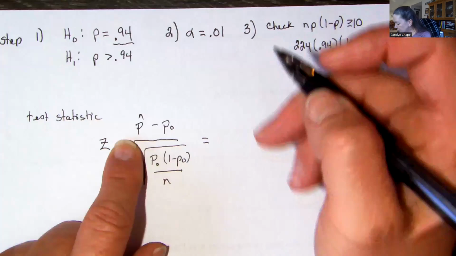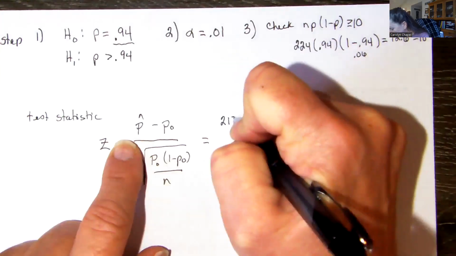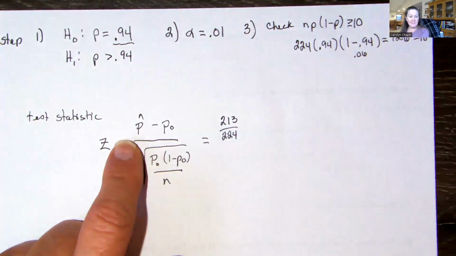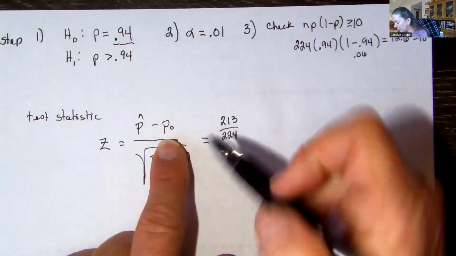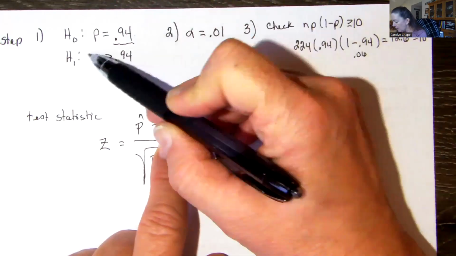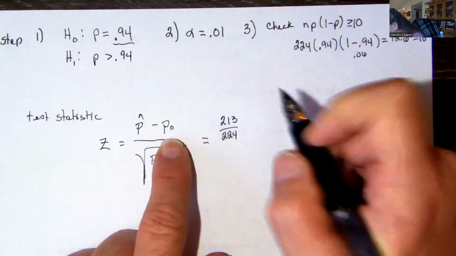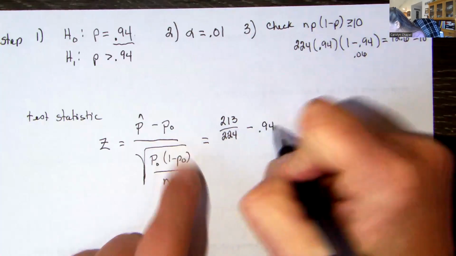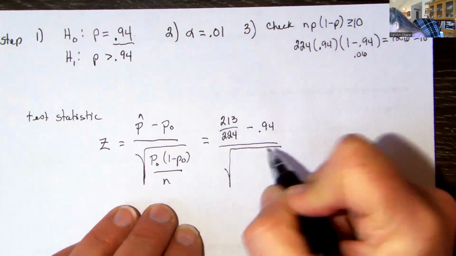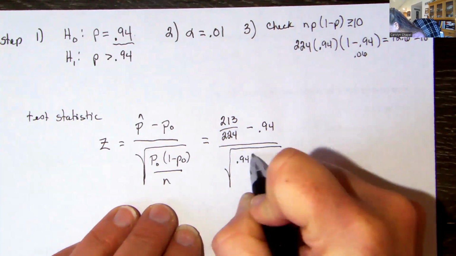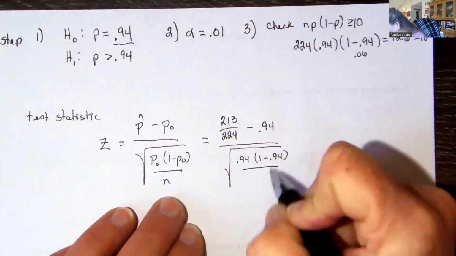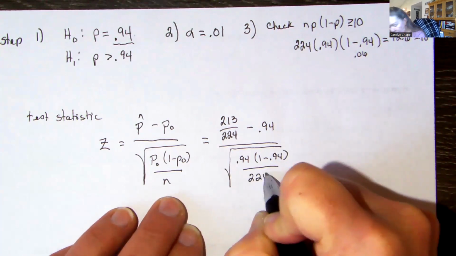So that is our 213 out of our 224 patients. Our p0, the reason we put a 0 in there is because we're looking for the number in our null hypothesis, so that 0.94. Divide that by the square root of 0.94 times 1 minus 0.94, all over 224.